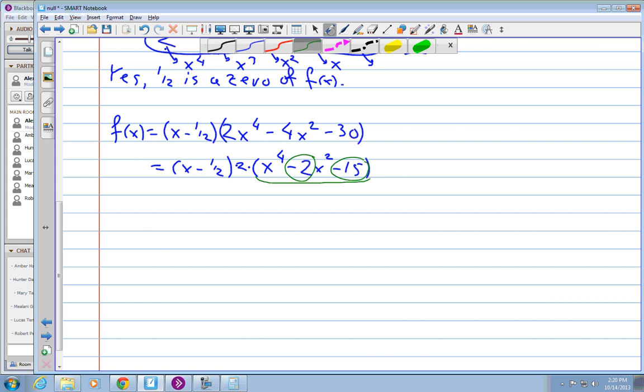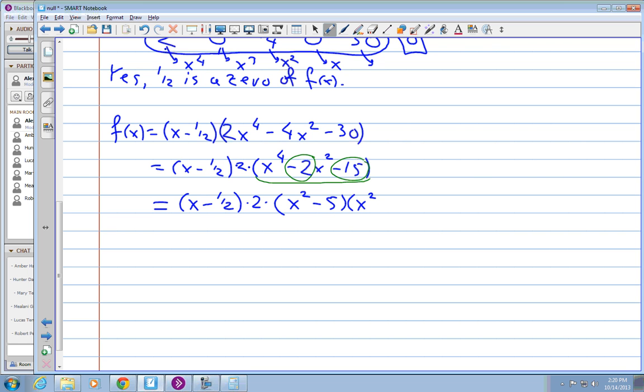So that can be factored by some old school factoring into x squared minus 5 and x squared plus 3. Do you agree with that? Well, now, these are both quadratics.